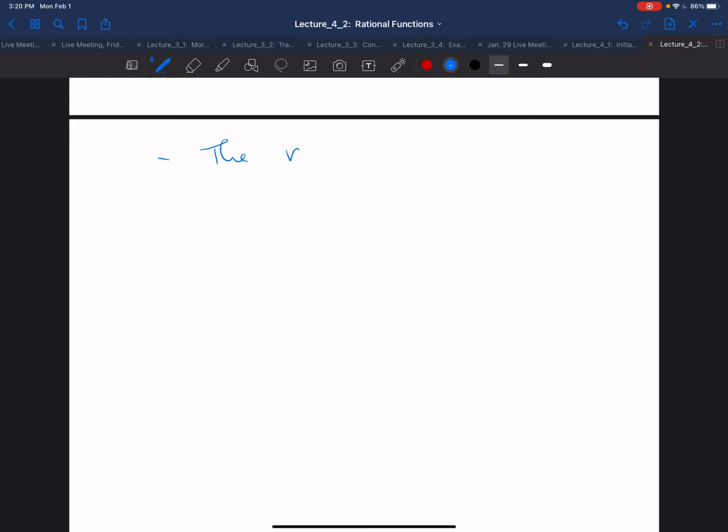Similarly, the roots of the denominator polynomial, the points where the denominator polynomial goes to 0, are called the poles of the rational function.